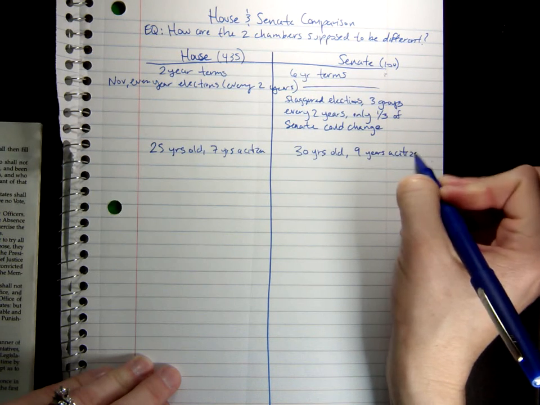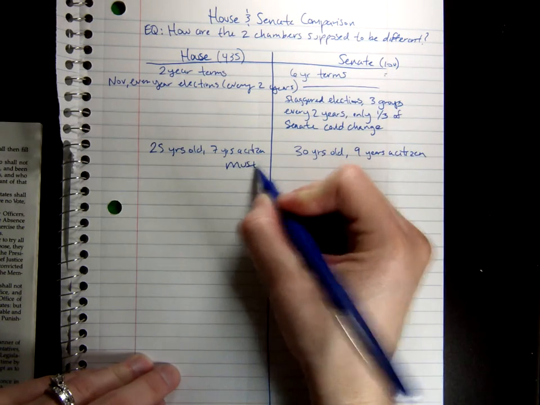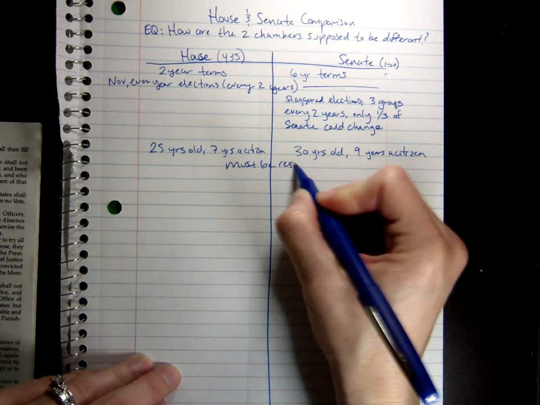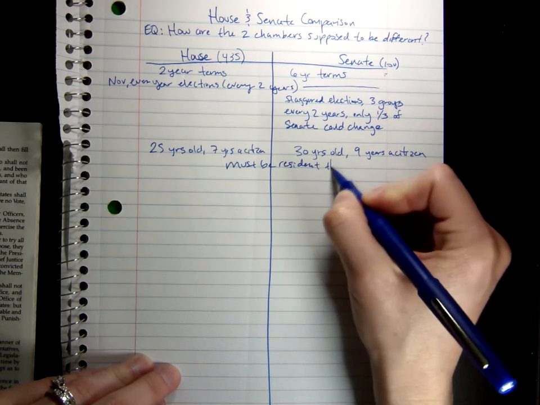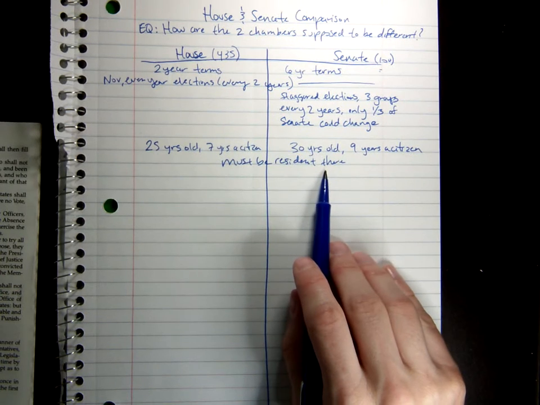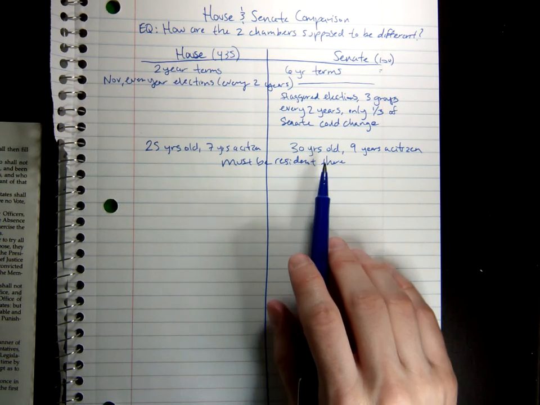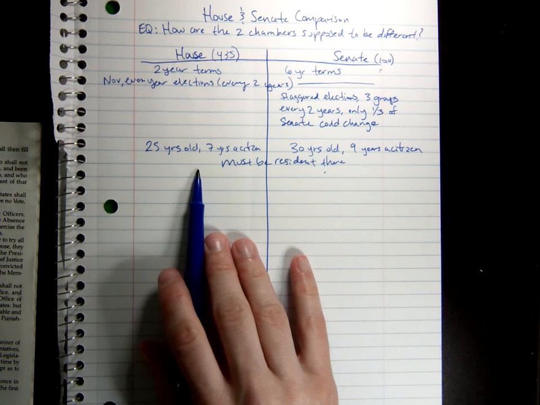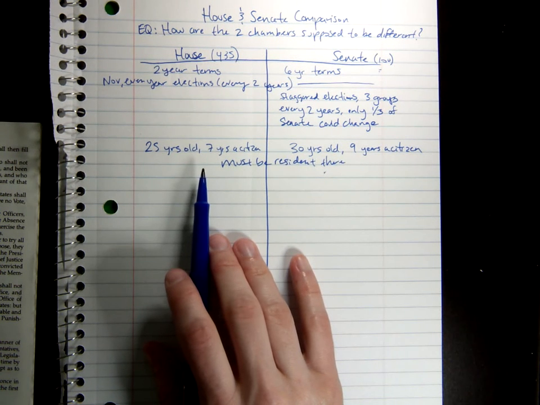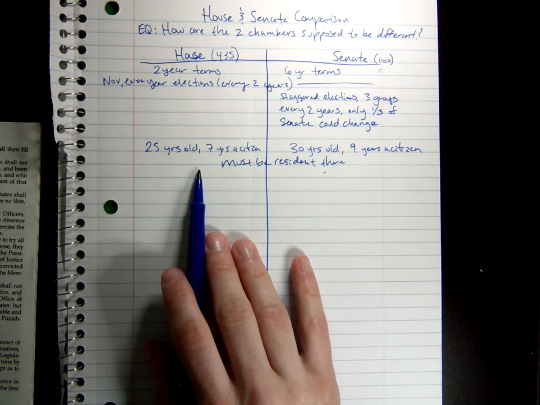And the third requirement is the same for both, that you must be resident there. So if you want to be a U.S. Senator to represent the state of Texas and have that Texas Senate seat, you need to actually be a resident of Texas. And if you want to be a representative for, say, District 35, which runs from Austin to San Antonio, you would have to live in that district.